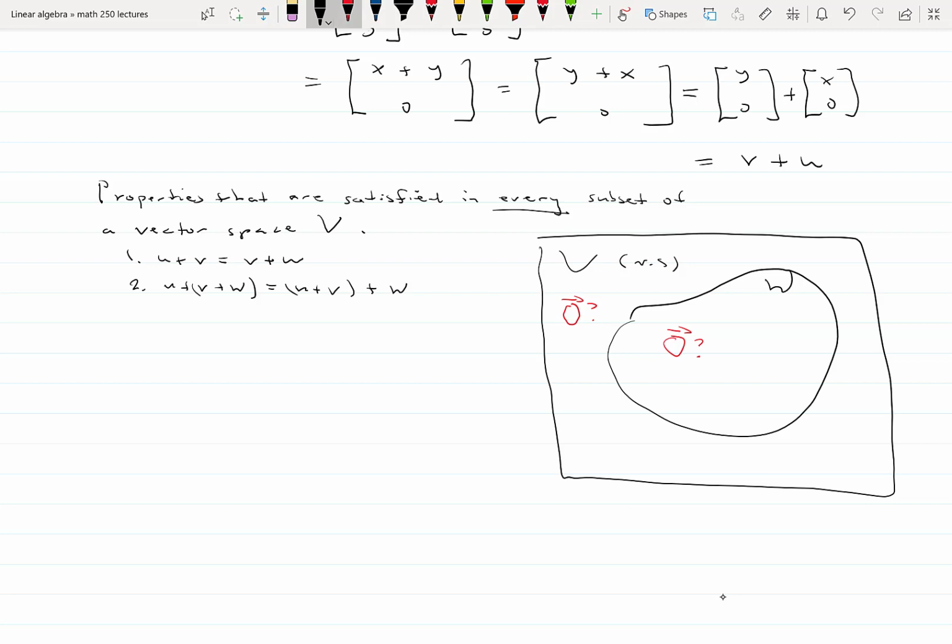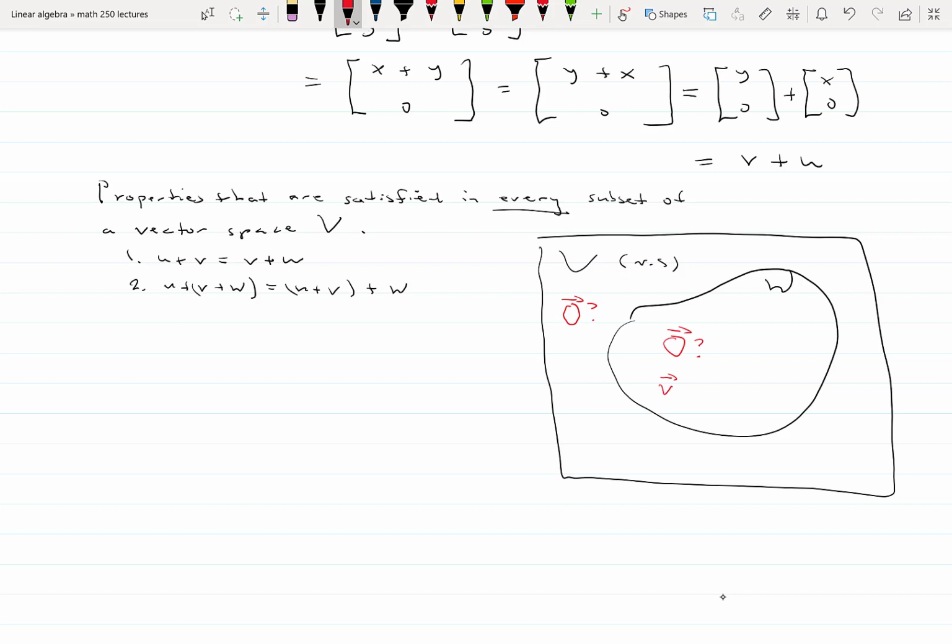Property 4 says for every vector in the vector space, let's say V, for every vector V in your vector space, and now remember we're looking at W, a restricted subset of V, does every element V of W have an opposite?